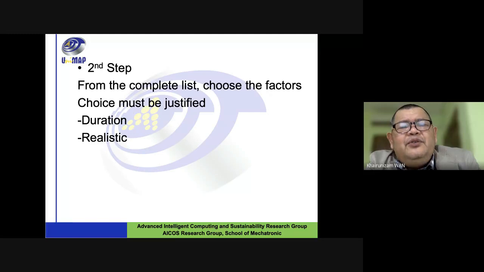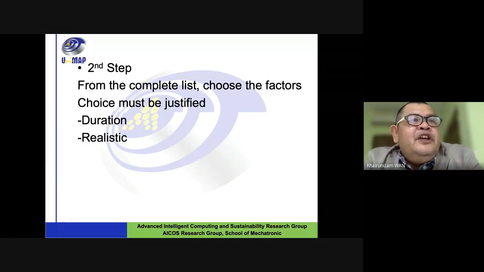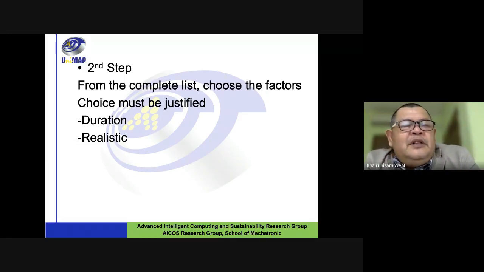Factors have two things. First is parameter, you got so many parameters. Factors have condition, you got so many conditions. From your list, you do screening and choose a suitable factor, and you must have a justification.